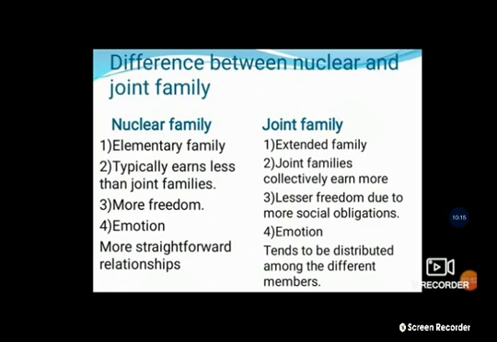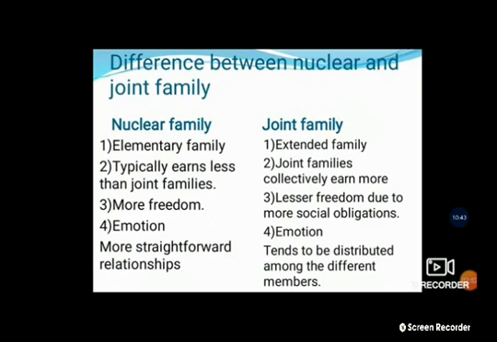In a joint family, emotion tends to be distributed among the different members. We learn so many points from our grandparents, uncles and aunts, but in a nuclear family there are only father and mother, and they do not give a lot of time for us.